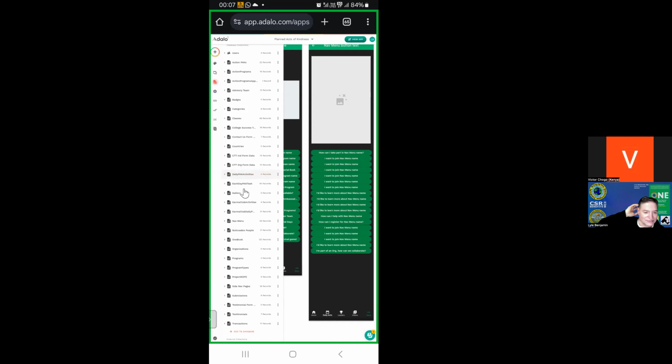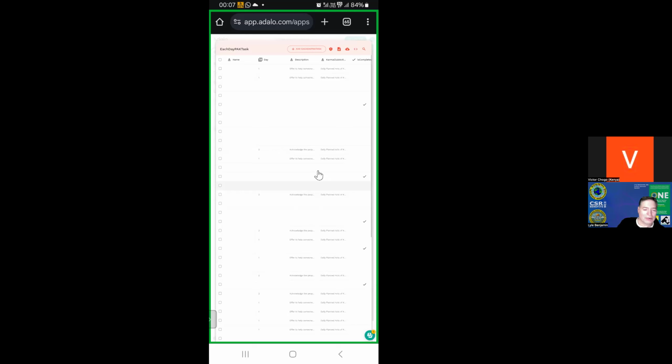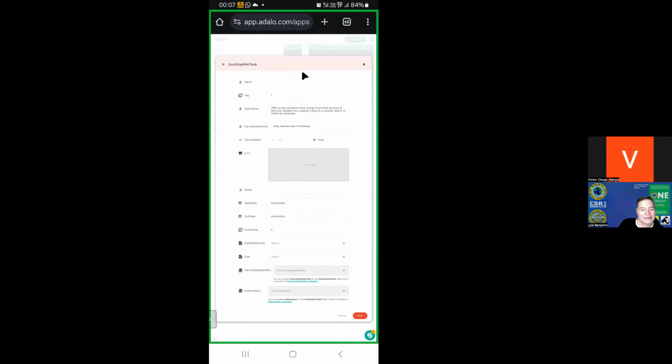I think each day. There are 90 of them. Right. But the thing is, I don't want to read them individually. I want to read them in a spreadsheet. I can't do that. The Glide app has the spreadsheet. So here they're individually put in like a form.